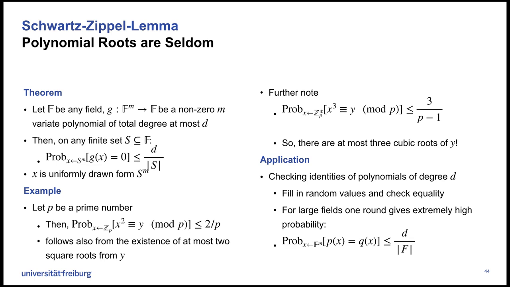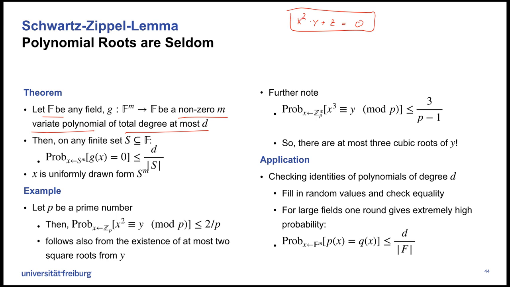So we have any field, and a non-zero m-variate polynomial. So we have m variables, and the total degree is at most d. Basically, you could have something like xy times y plus z is equal to 0. That's a degree-2 polynomial in three variables.